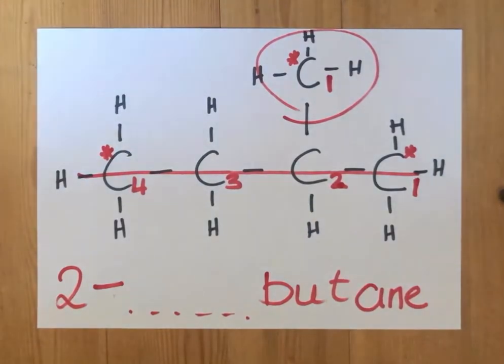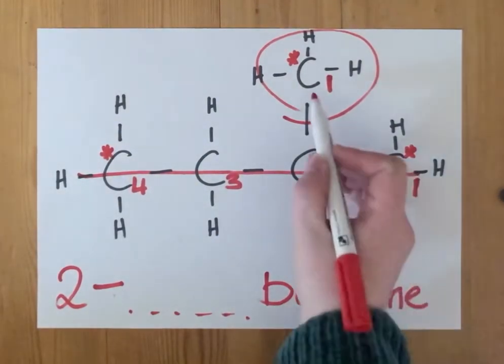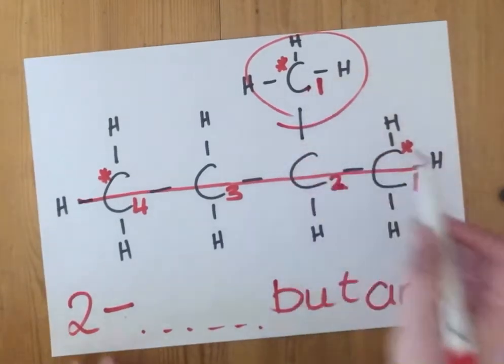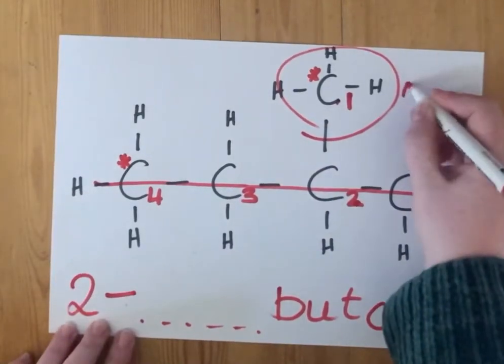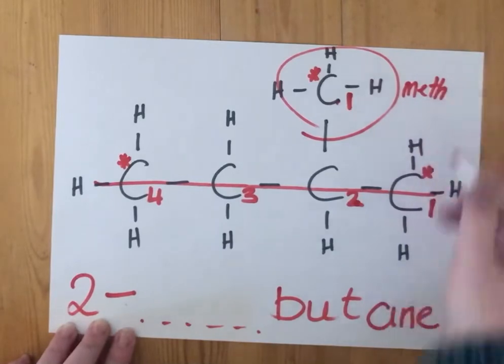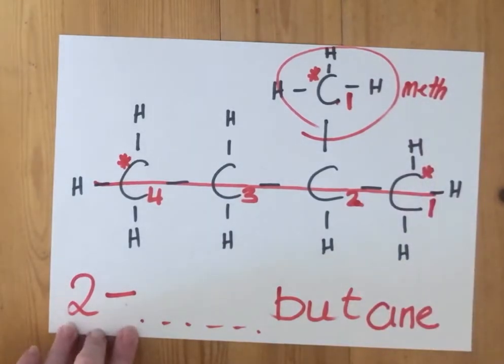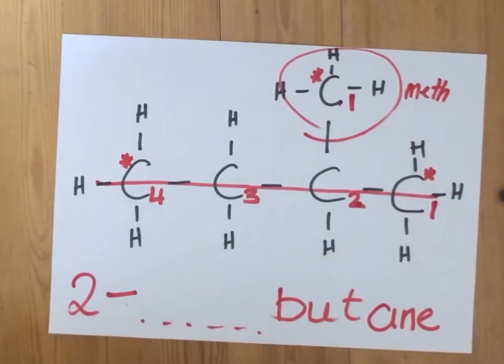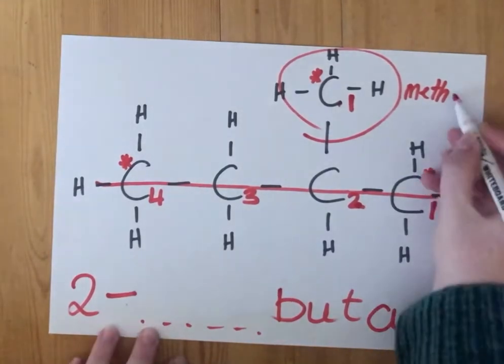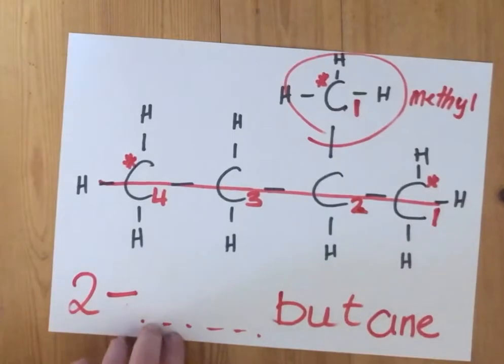To get the name of the side chain, you look at how many carbons are in it. There's only 1 carbon in this side chain. So that's going to be meth. And to name your side chain, you name it as you would an alkane, meth, eth, prop, bute, but the ending changes to -yl. So that's going to be a methyl group.